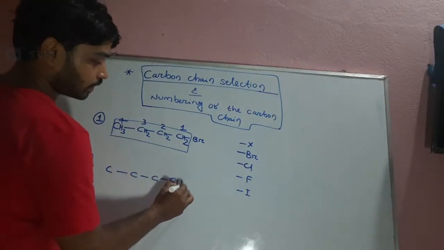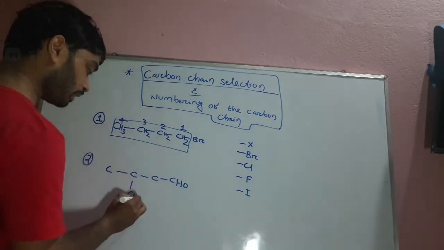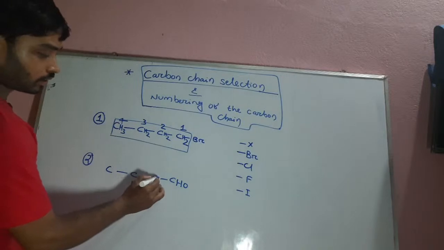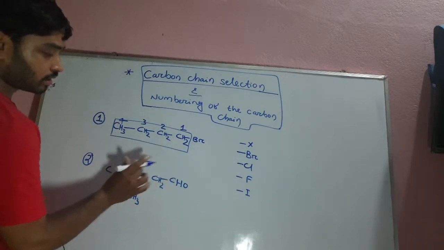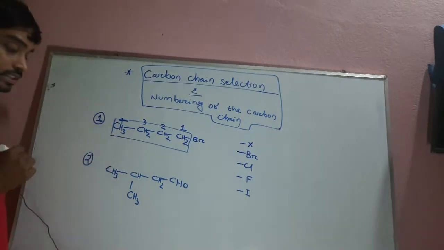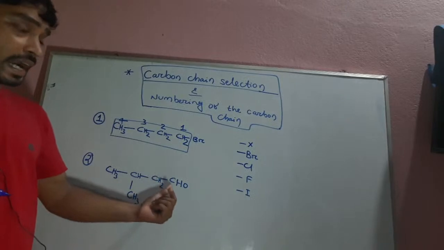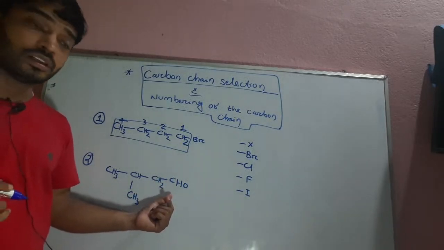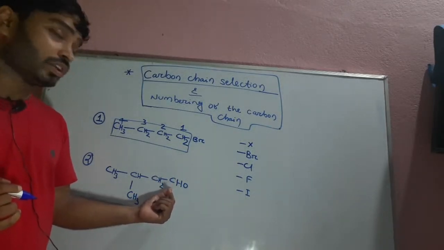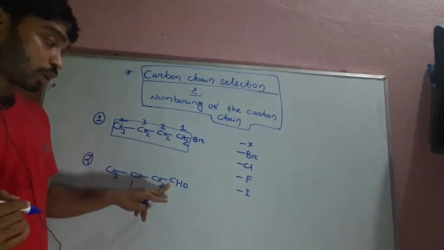I am taking here CHO, and one branch chain, that is CH3, CH2, CH and CH3. In this case, the functional group is aldehyde, which comes under the carbonyl group. That means here the functional group is monovalent.